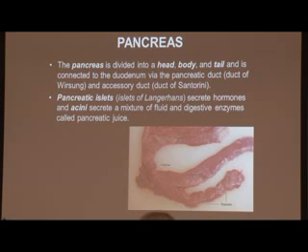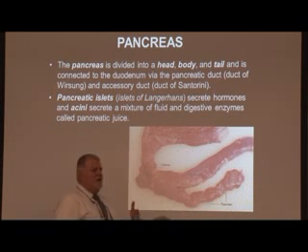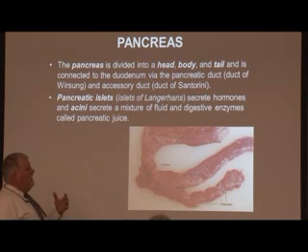The liver and the pancreas are considered accessory organs because they put products into it that help with digestion. So we're going to look at the pancreas first, and then the liver. That's what we're going to do Monday in lab, go over this with models and with slides again.